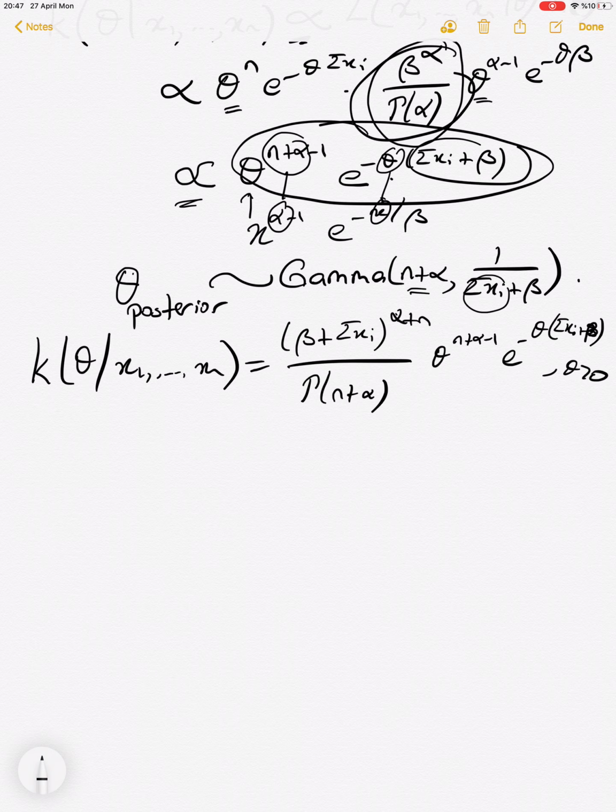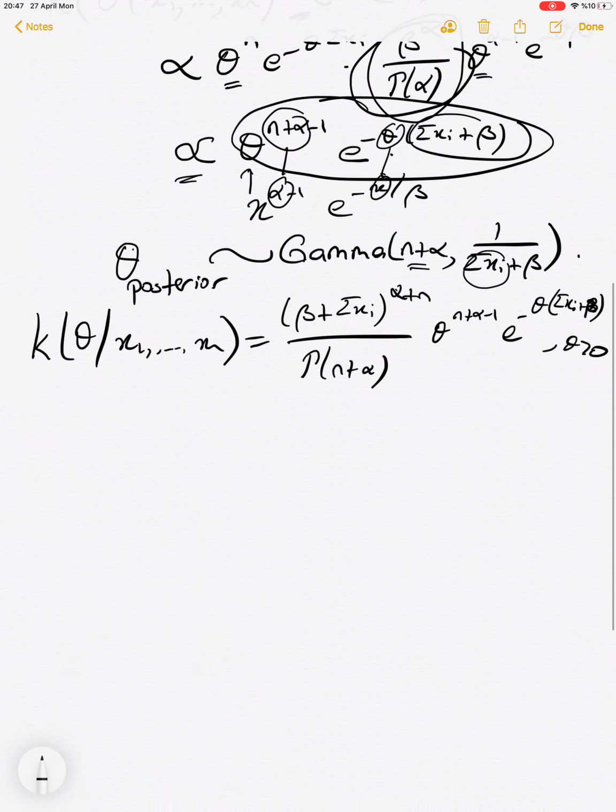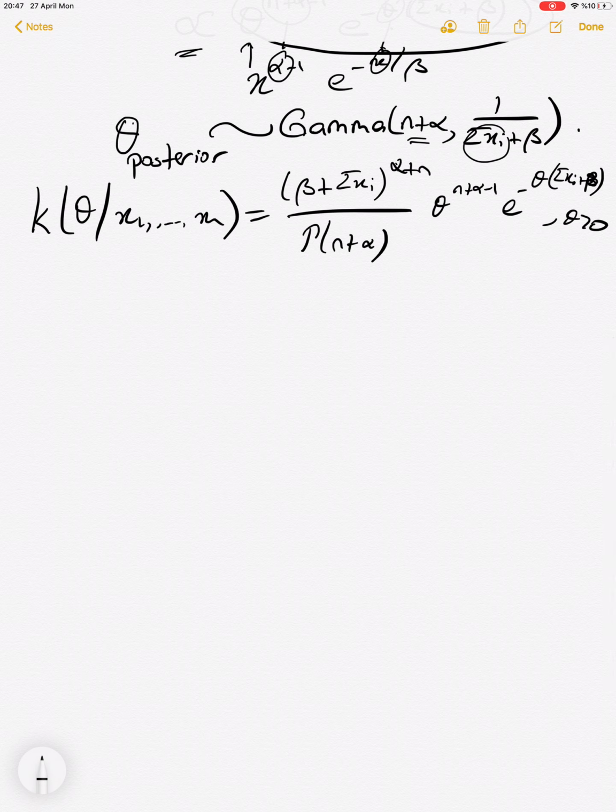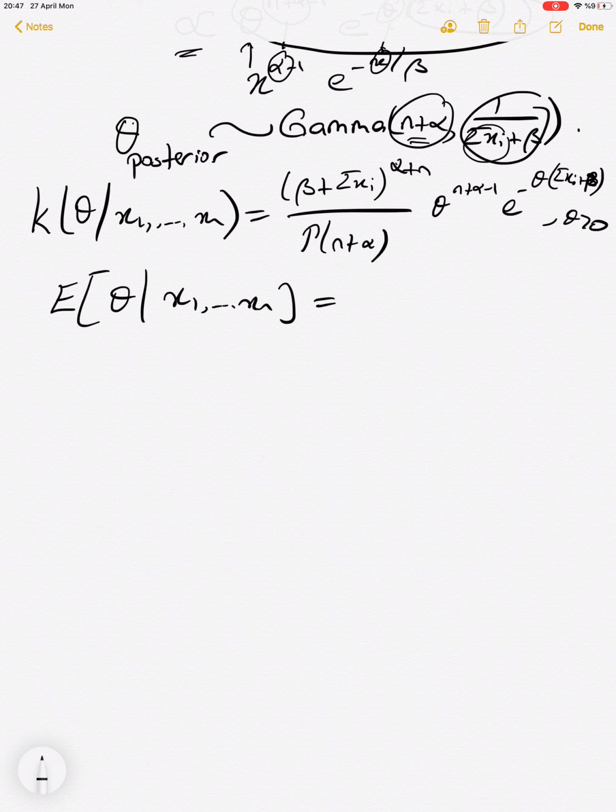And if you want to find the expectation of this posterior distribution, then we will have the conditional expectation of theta given the sample random variables. All we have to do is obtain the expectation of the gamma distribution, which is the multiplication of these two parameters, m plus alpha over summation xi plus beta.